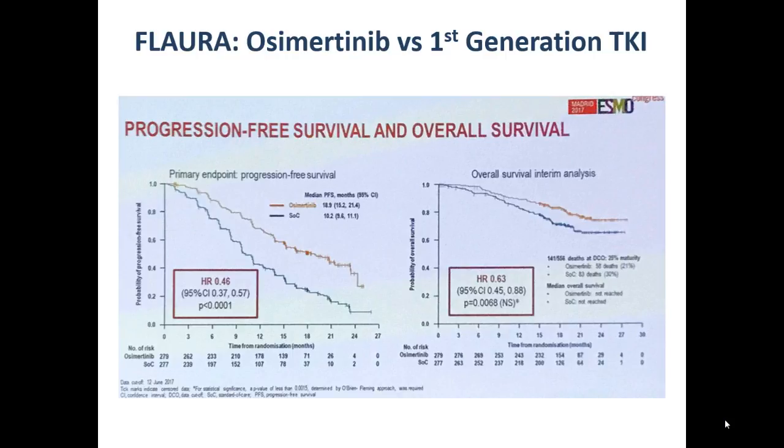So recently, the FLAURA trial was published, presented at ESMO, where we compared a third generation EGFR inhibitor versus first generation, whatever you use, gefitinib or Lorlatinib. Osimertinib was developed against the mutated protein in contrast to first and second generation. And it turns out it has activity against this T790M mutation.